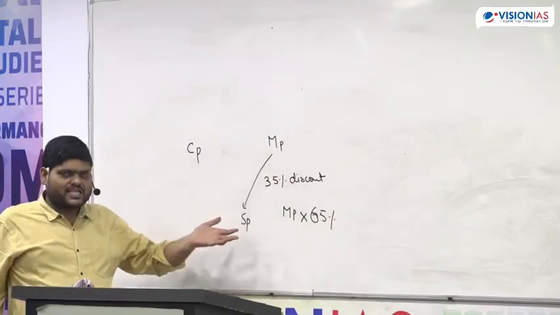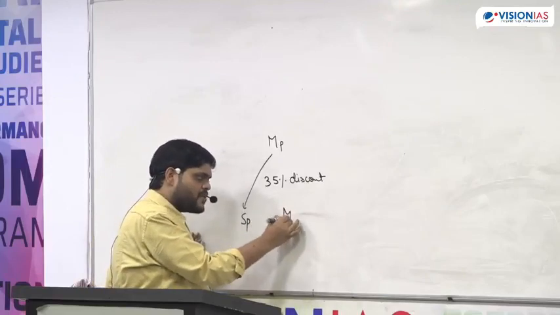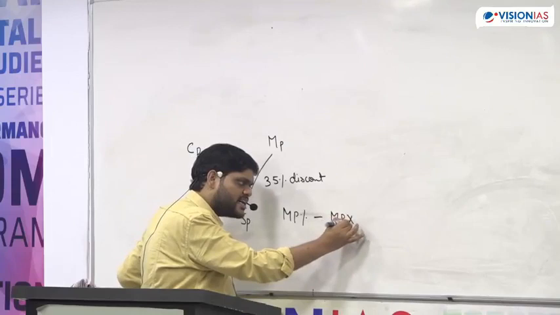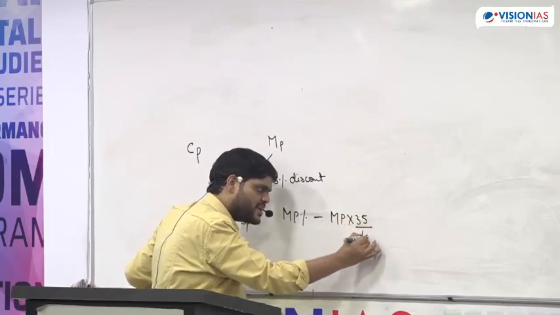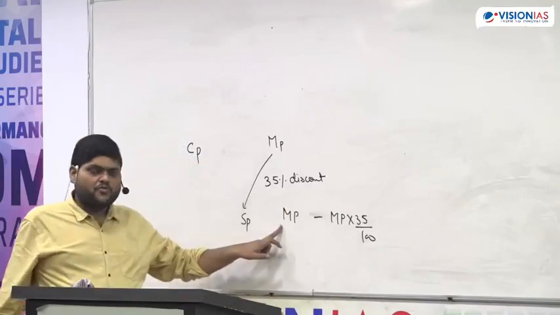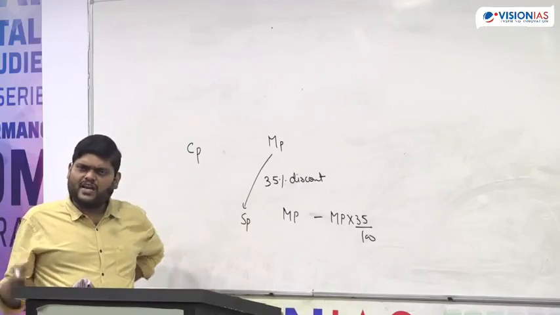Or you can do the other way also. You can simply find out the 35% value, and you can decrease it from the MP. Find out 35% of MP, decrease from MP, you will get the same thing.